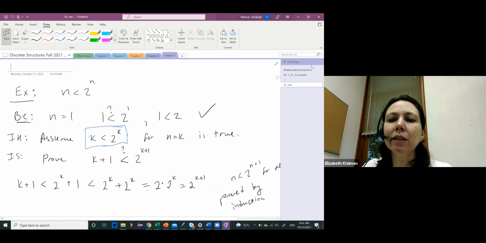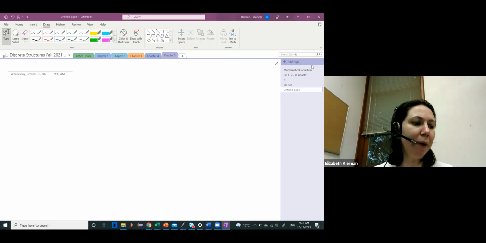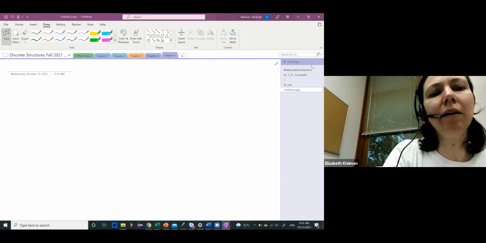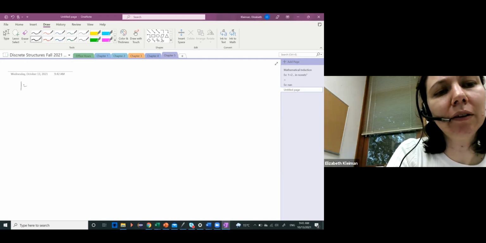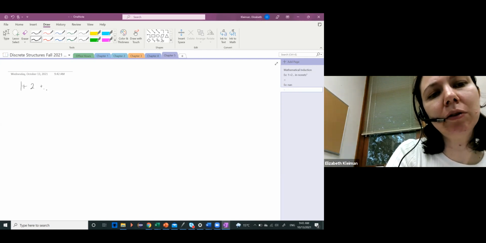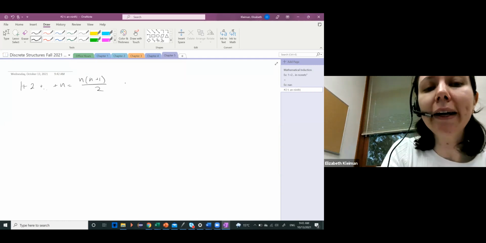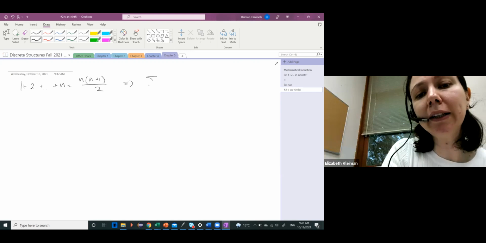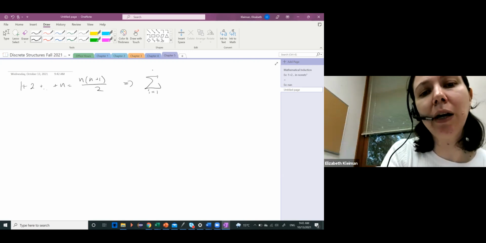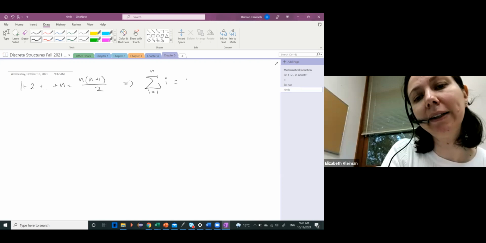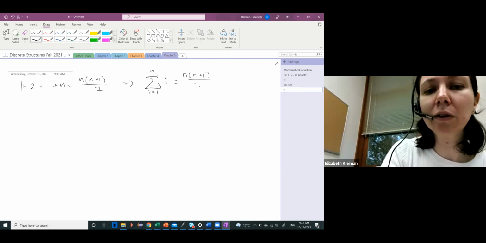So last time we did an example of 1 plus 2 plus ... plus n is equal to n(n+1)/2. Remember, the other way to write it is the summation from i equals 1 to n of i is equal to n(n+1)/2.